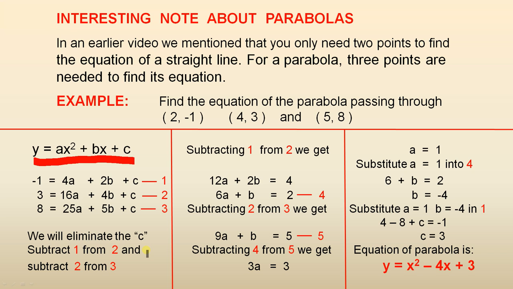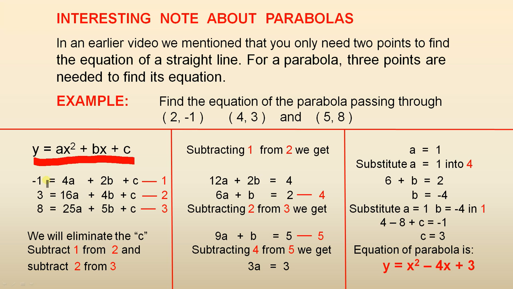We'll start by subtracting 1 from 2. That's equation 1, that's equation 2, and that's equation 3. So we're going to subtract equation 1 from equation 2, and then equation 2 from equation 3. So let's start off. Subtracting equation 1 from equation 2, we get 16a minus 4a gives us 12a. 4b minus 2b gives us 2b.